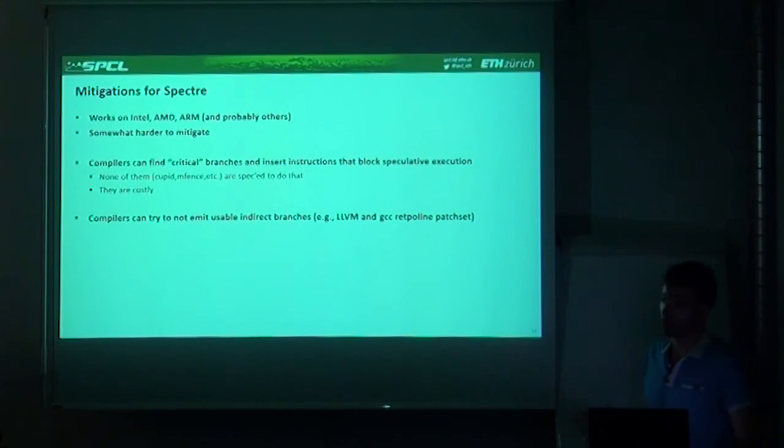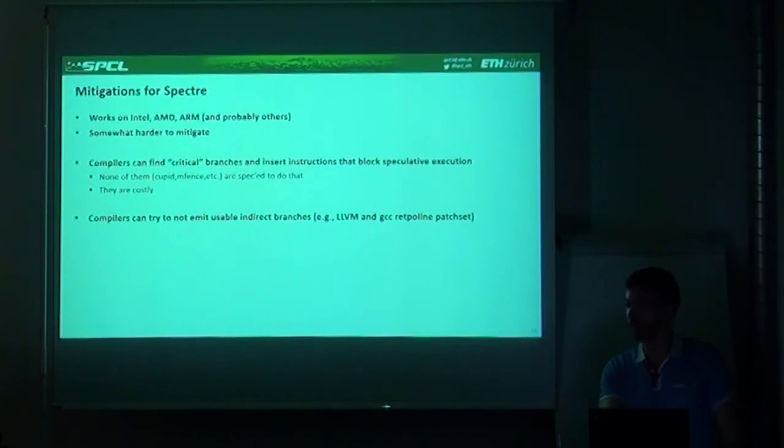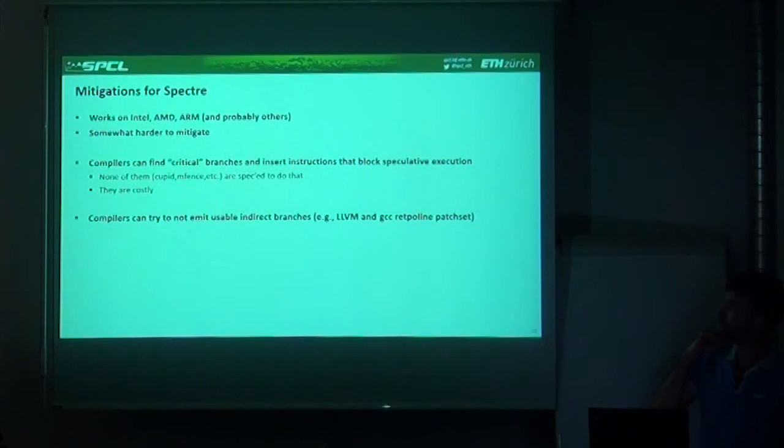So what compilers like LLVM or GCC can do is find critical branches and block speculative execution. You can say, okay, this branch looks critical, and whether I take this branch or not doesn't matter, I don't want to continue with speculative execution. You can put, for example, the CPUID instruction there, or the mfence or lfence instruction.